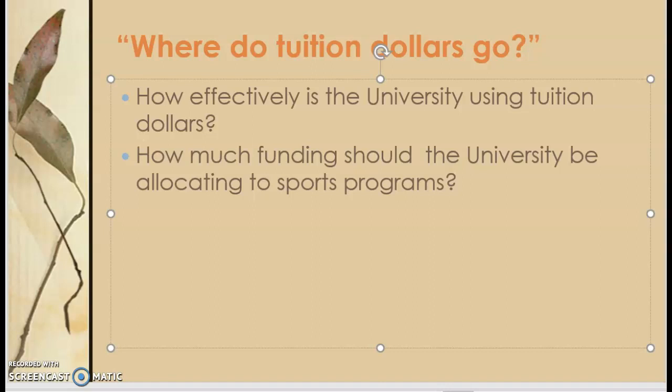And even when we do figure out who those stakeholders are, they're still broad stakeholders, right? So I could identify parents, I could identify the administration, I could identify students, right? But the specific organizations and branches and groups, it's really hard to pin those down. However, if I were to change my question to something a little bit more specific, like how much funding should the university be allocating to sports programs, all of a sudden then I have some groups that are a lot more specific, right?